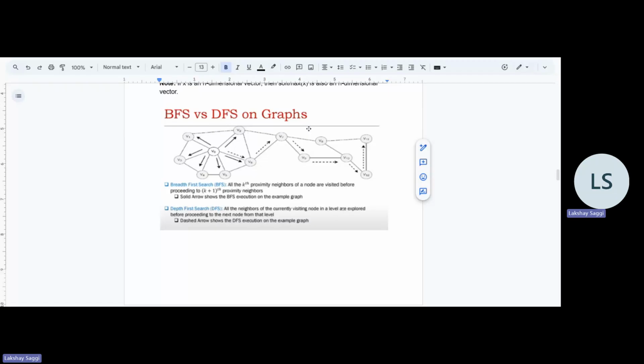These algorithms already exist, where you start from a vertex and try to explore the structure of the graph. And these algorithms are fundamentally different. What breadth first search does, as the name suggests, is maximize the number of nodes found at each level.